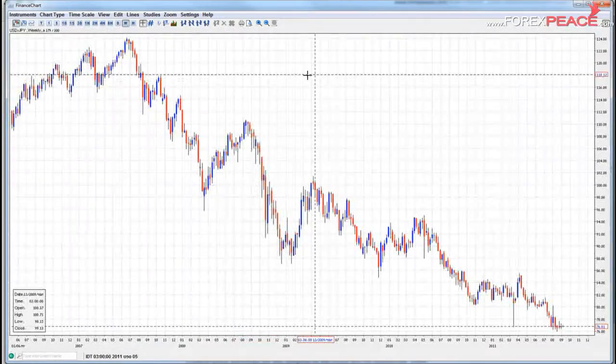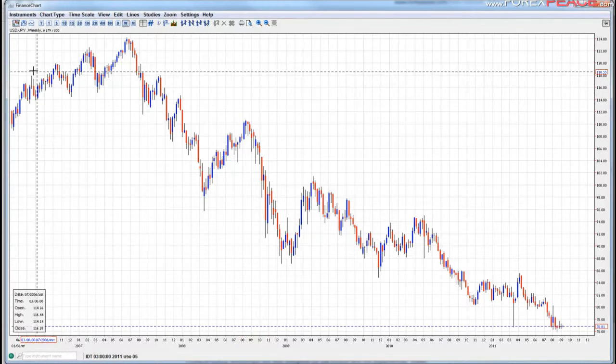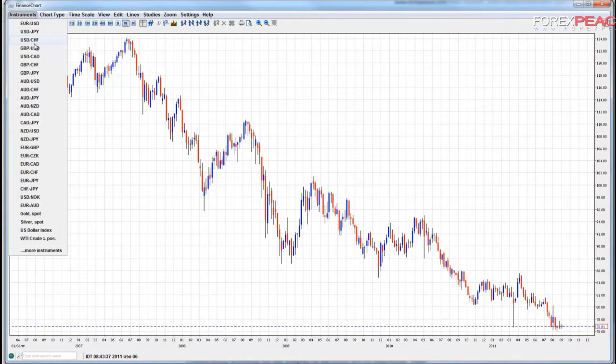Another example is understanding the yen, the Japanese yen. Once you understand the dollar against the Japanese yen, you actually understand all the yen pairs together. The dollar against the Japanese yen is actually the star, I would call it, of all Japanese pairs, same as the franc.